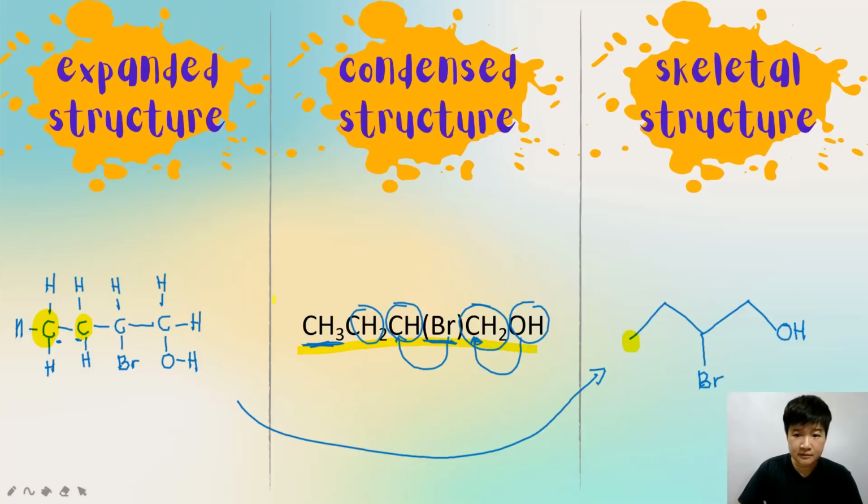The second carbon, that is my second carbon holding nothing else. The third carbon, CH, holding a Br down here. Can you see that? Last carbon, that is my last carbon, and this last carbon is holding an OH. Skeletal structure. Simple, easy, easy.